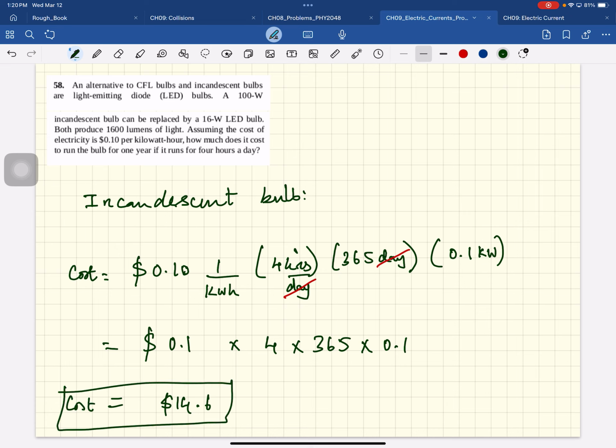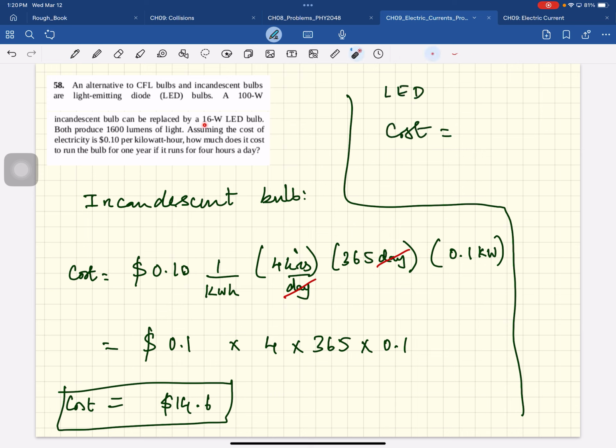Okay, so if you do the LED bulb, what would be the cost? So the LED bulb, it's 16 watts, so it's 0.16 times that.